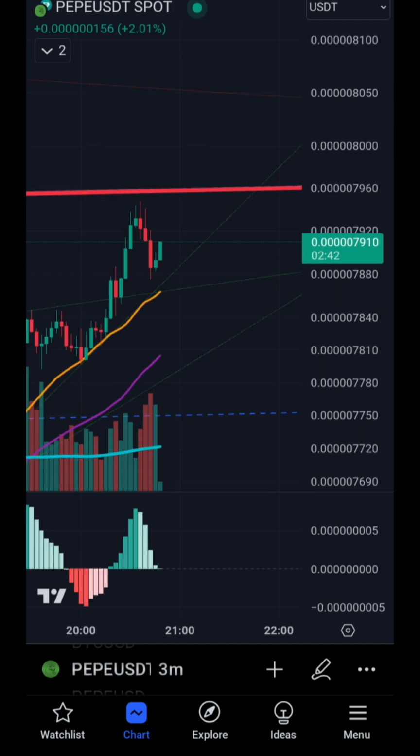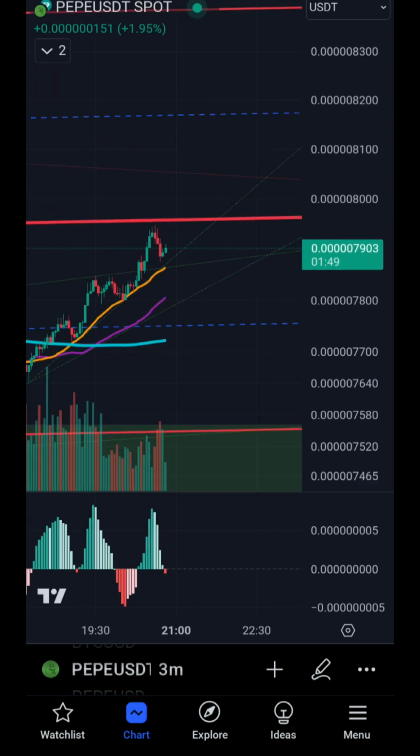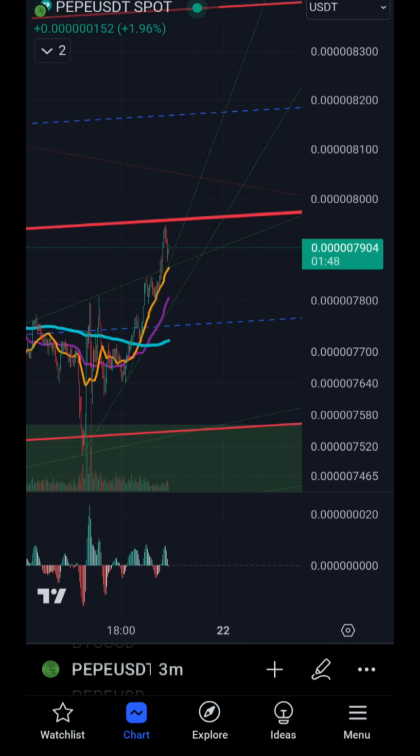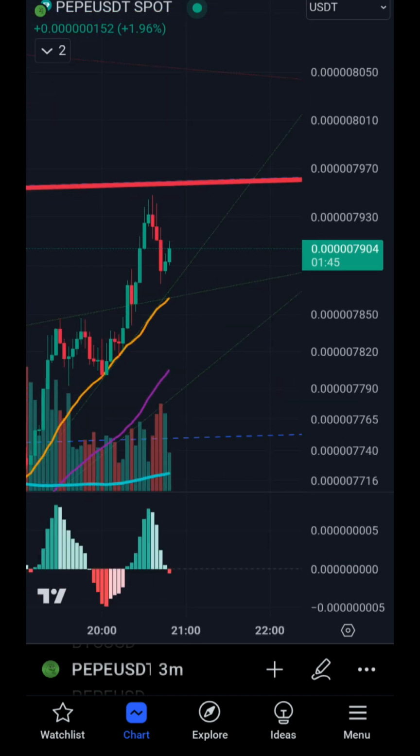MACD almost in red, and already we have 2 green candles. Maybe we have to wait for the second one. Okay, now the video is not sped up because I am considering a trade here.